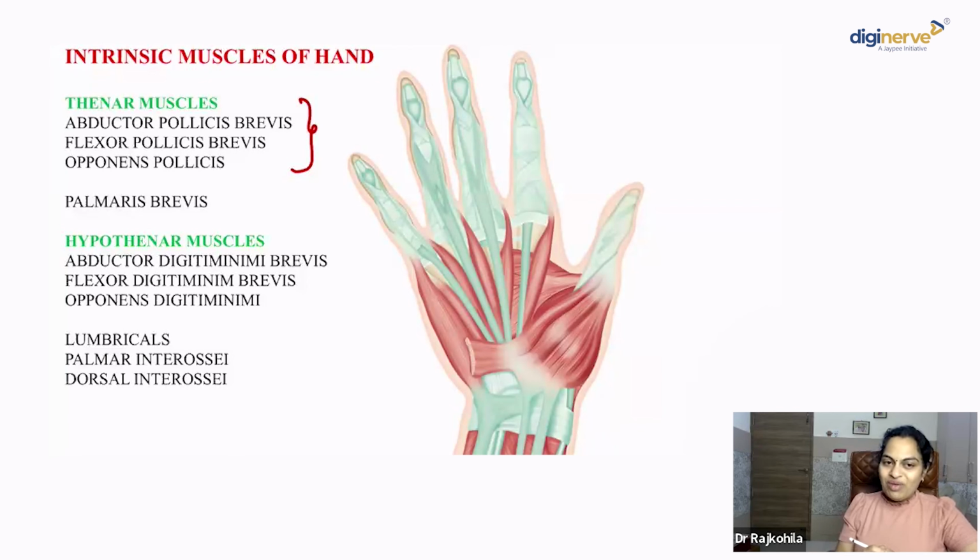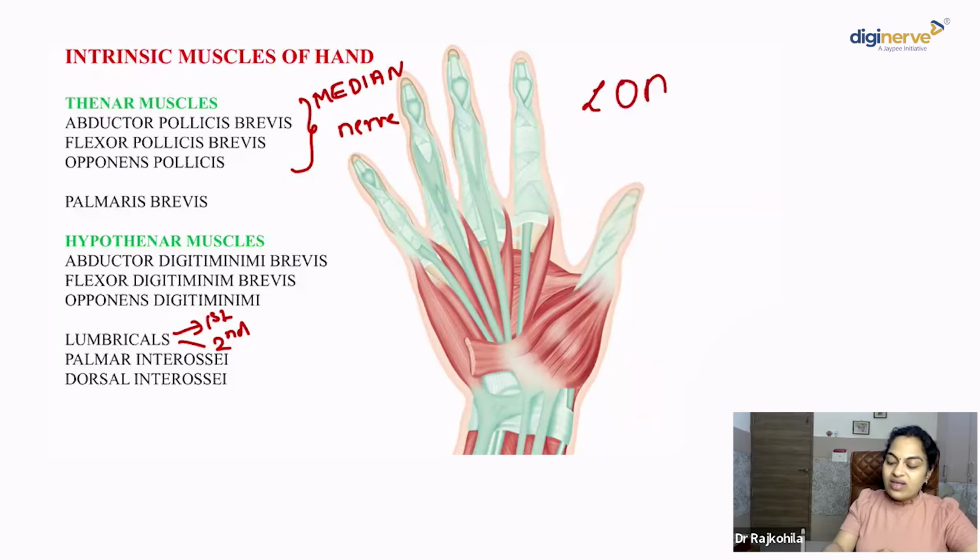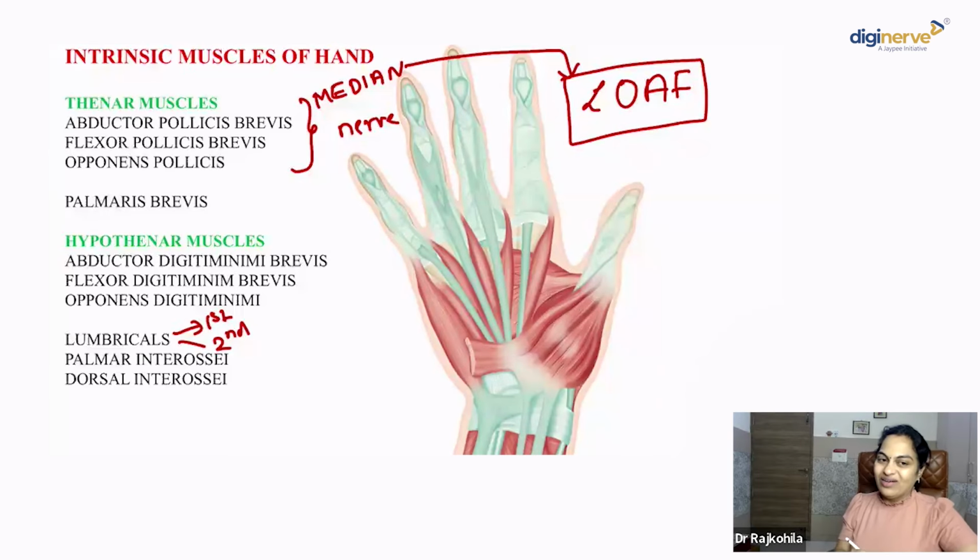All of them are going to be innervated by the median nerve, which also innervates lumbricals first and second. The lumbricals, the opponens pollicis, the abductor pollicis brevis, the flexor pollicis brevis: the LOAF muscles are innervated by the median nerve.